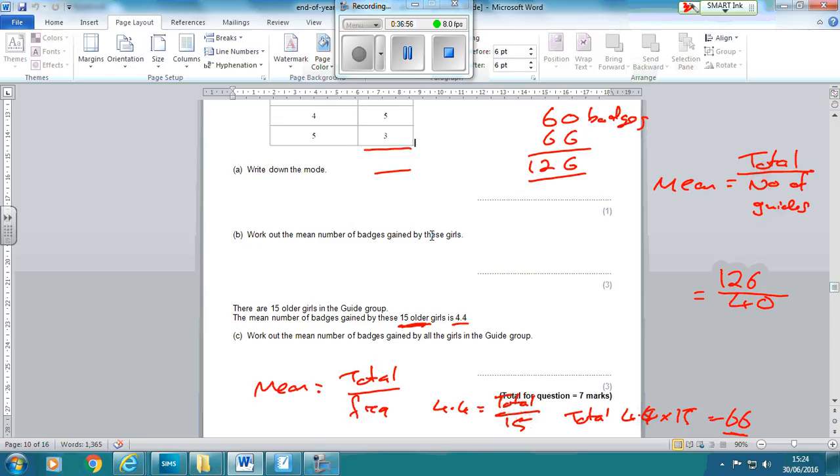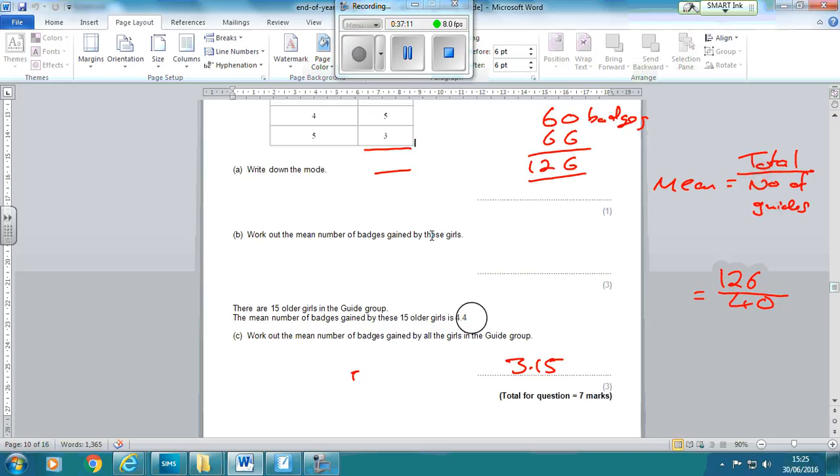That's 40 girls. In order to work out the mean of the whole group, you need to do 126 divided by 40, which equals 3.15. Now that is going to be a tricky one, and I don't think it's beyond anyone. All you've got to do, though, is just try and look at why it works and how we usually find the mean.